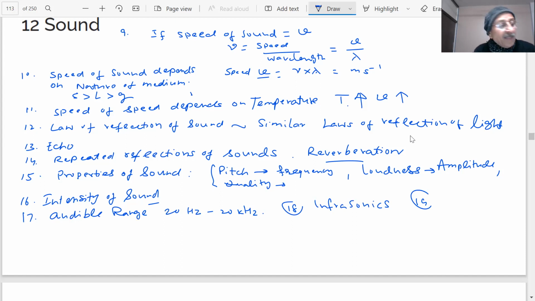Whose frequency is below 20 hertz. But then we talked of ultrasonics. What are ultrasonics? Whose frequency is above 20 kilohertz.